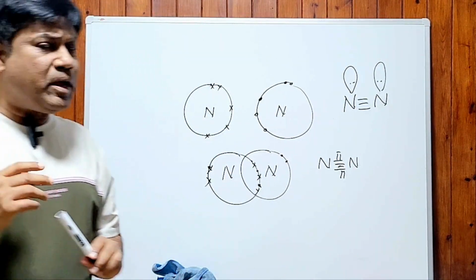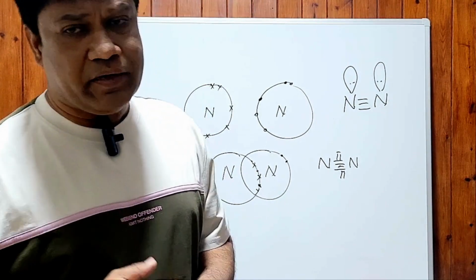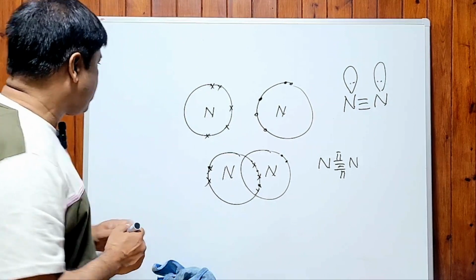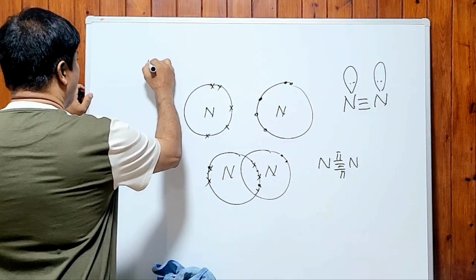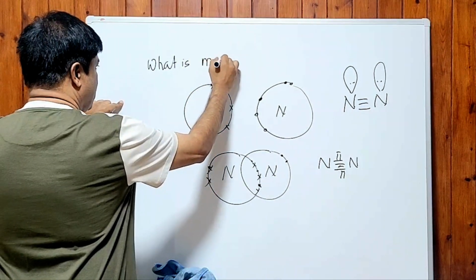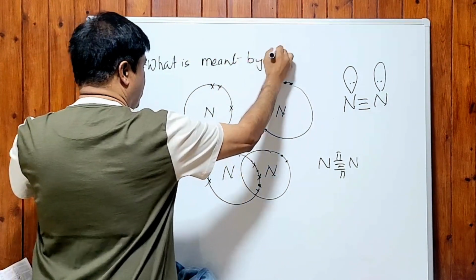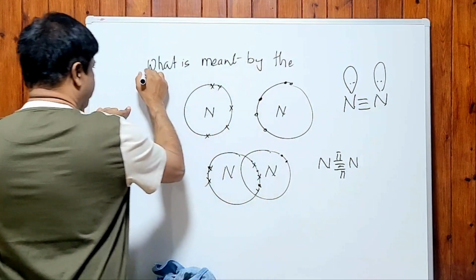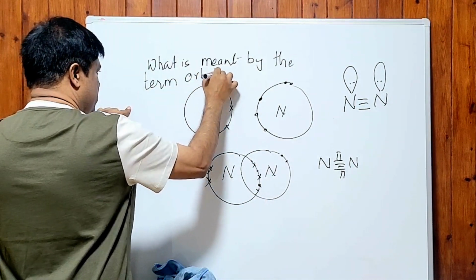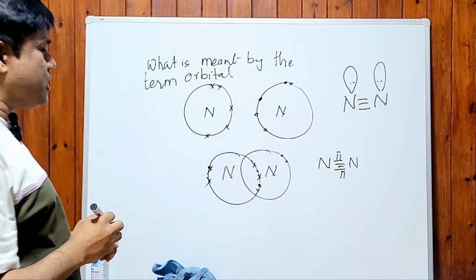So what is meant by the term orbital? Any idea? Define it. We have orbit and orbital.